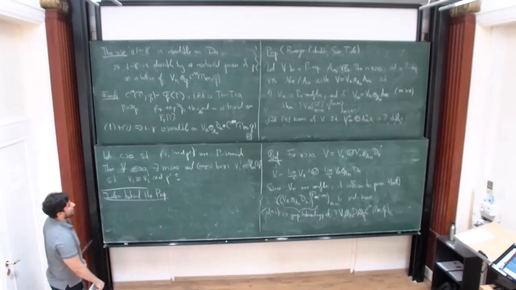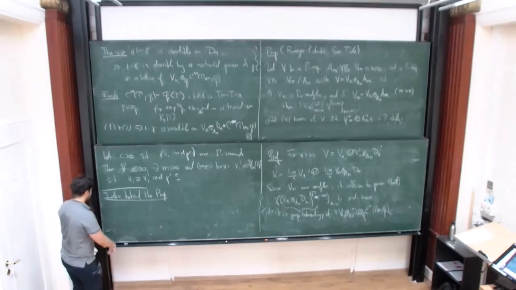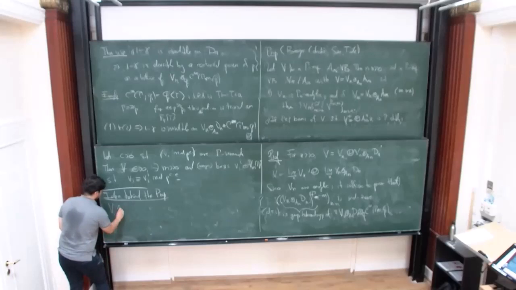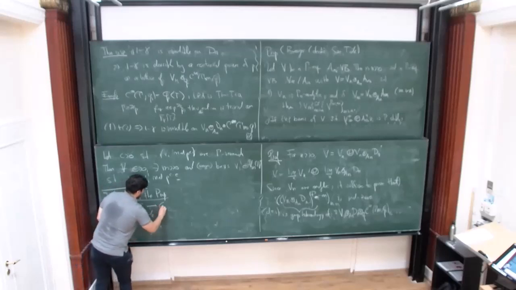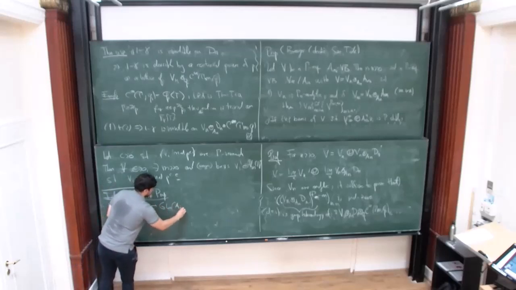Is that again, you have an n rank representation, so this one is basically the same as giving a cocycle to GL_n of infinity.